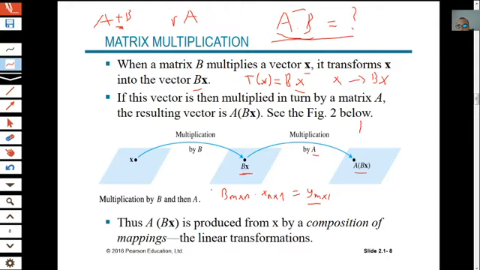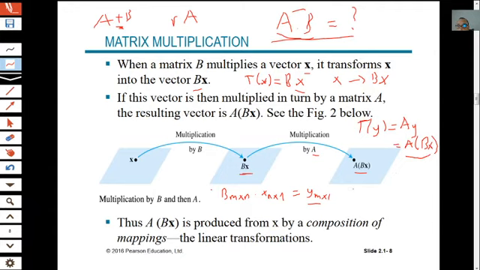We define another transformation, y to A times y, and instead of y we write the vector Bx, so it becomes A times Bx. Actually, we have the composition of two transformations here.